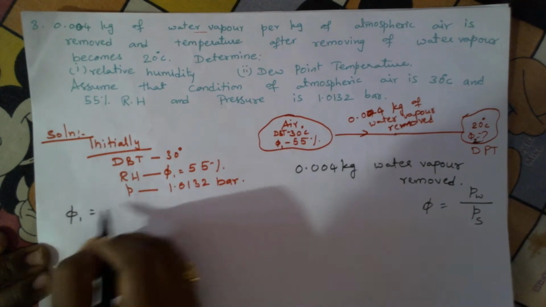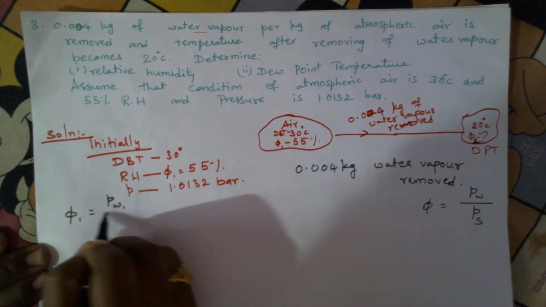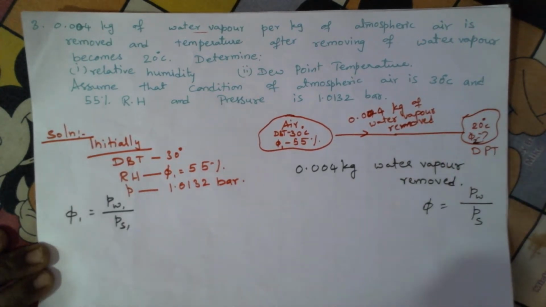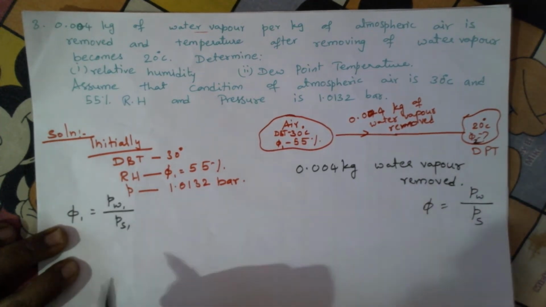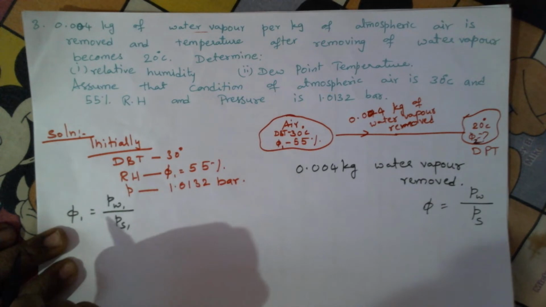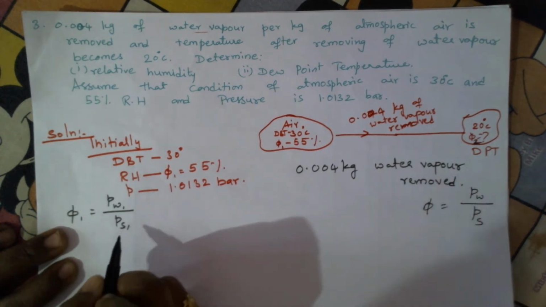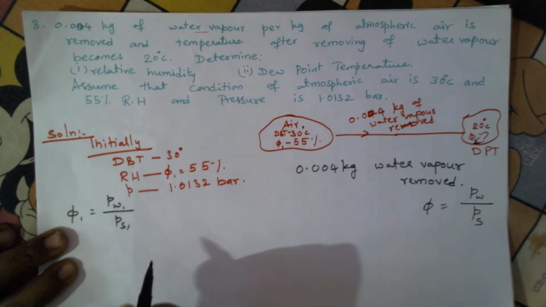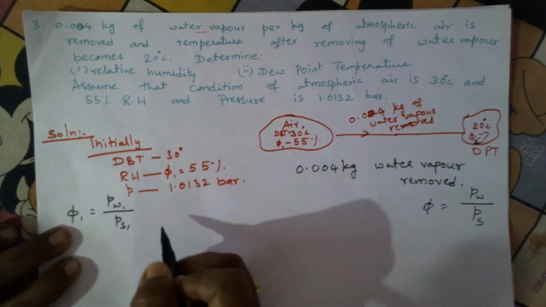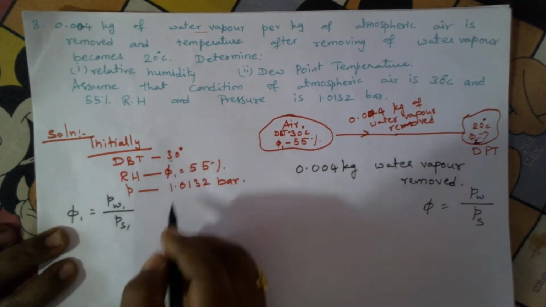So phi 1 is equal to Pw1 by Ps1. So what is Pw1? Partial pressure of water vapor. We don't know that. Then what is Ps1? The Ps1 value can be taken from the steam tables at 30 degrees centigrade.